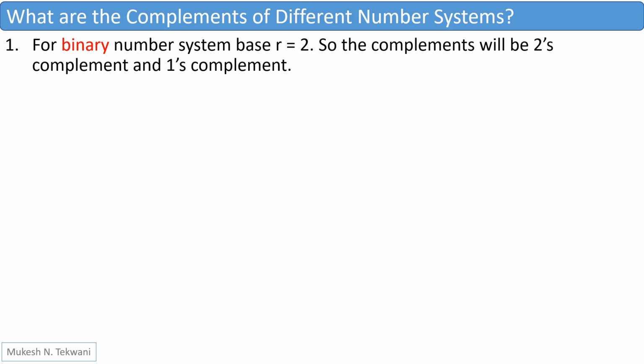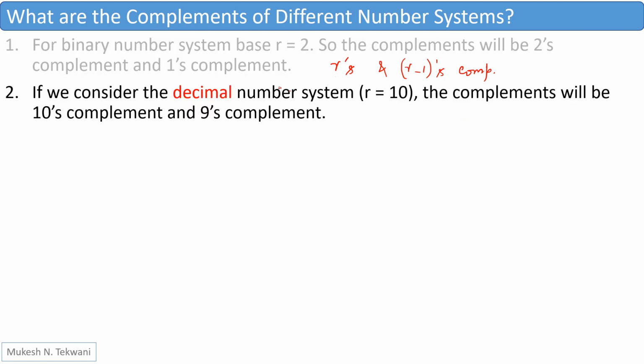For a binary number system, r is 2, so the complements will be 2's complement and 1's complement.